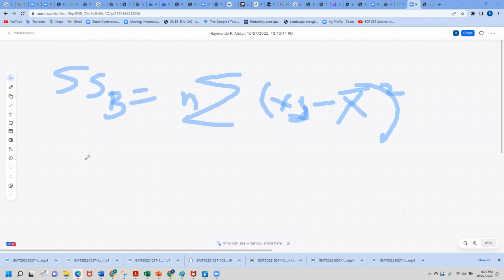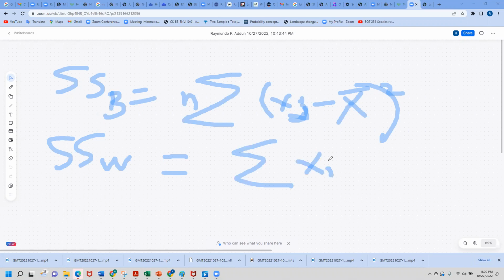To get the sum of squares within samples, it's just the sum of squares of the sample variance. If you have already studied variance, it's the sum of xij minus xj, squared.